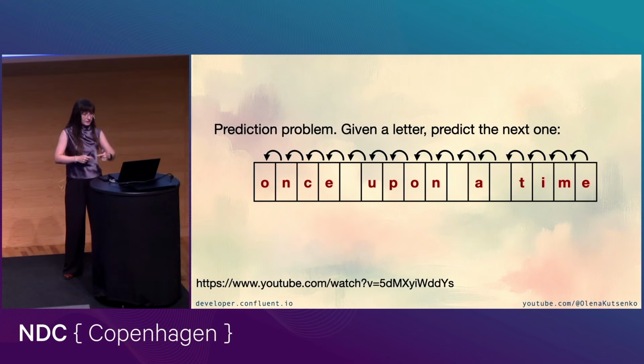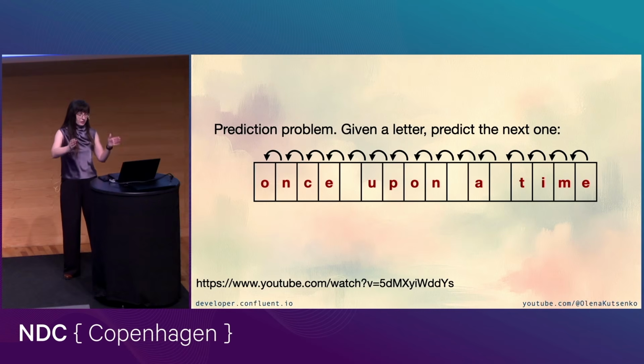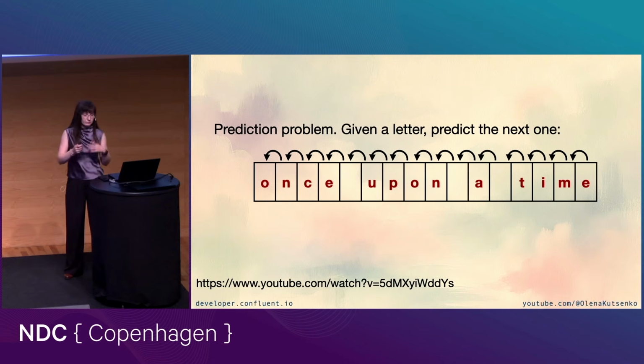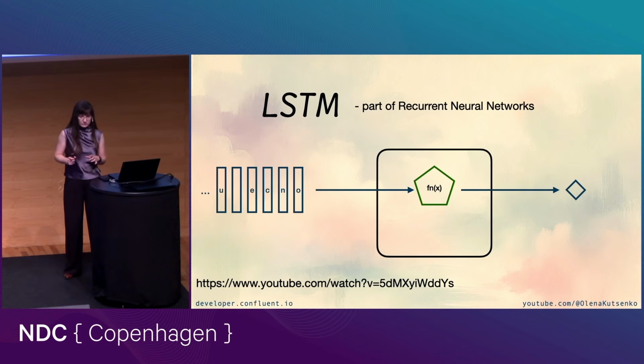That's why we train the model generally on a bunch of data, and then we give the model chunks of information, and it tries to predict the next character or the next value, whatever we have. So LSTM, has anyone used LSTM in the past?